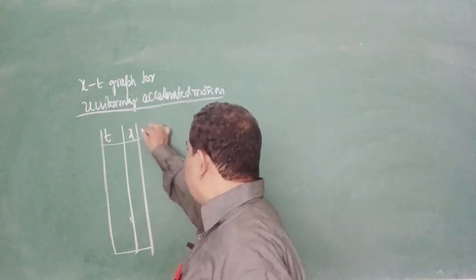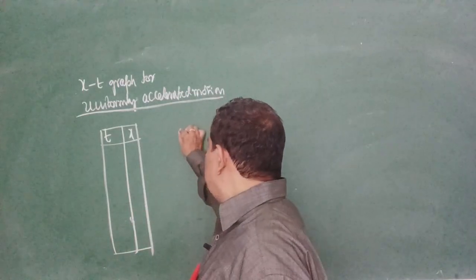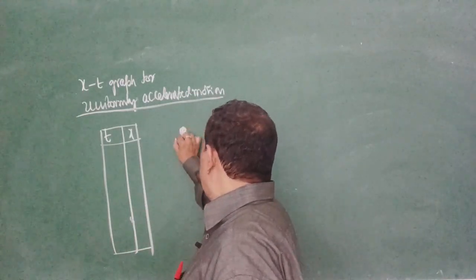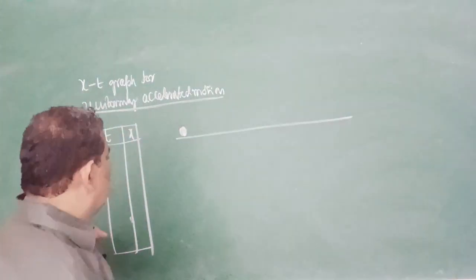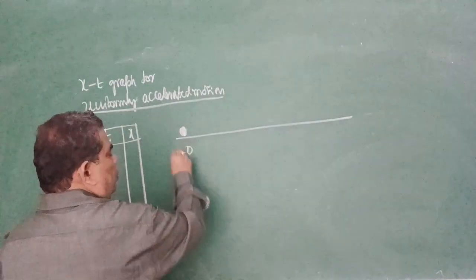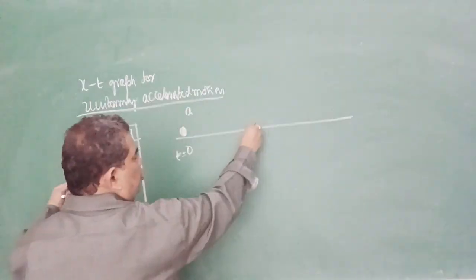Observe, we create a mental picture once again. Say, an object is here on a straight line. It's moving. At t equals 0, it is here. Say a is the acceleration.